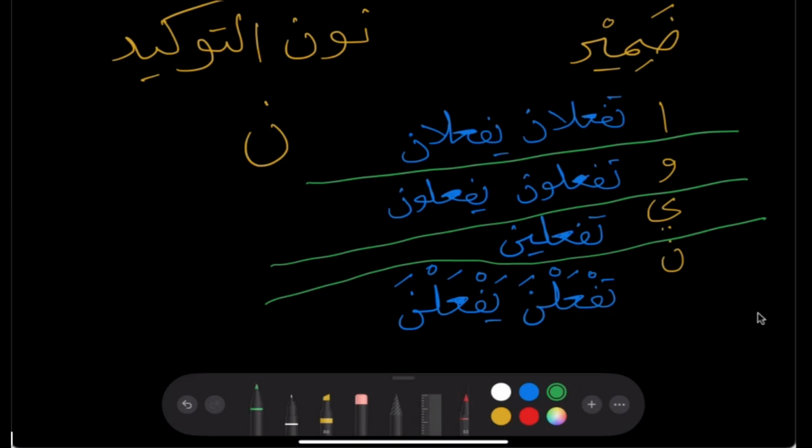In all these cases, Dammah is not a sign of Rafa. In the case when the suffix is an alif, the noon was a sign of Rafa instead of a Dammah. The alif is the damir pronoun.